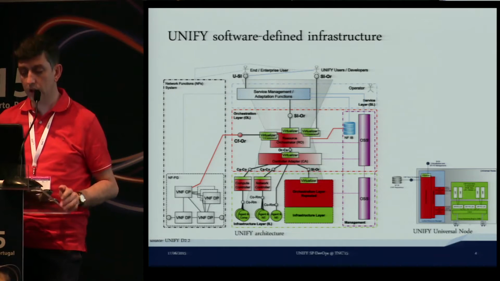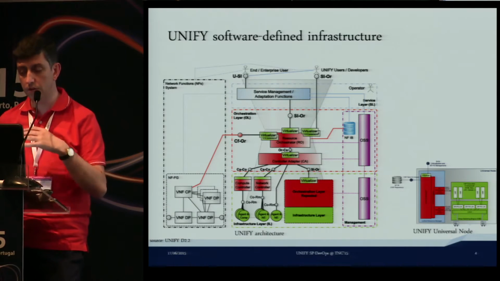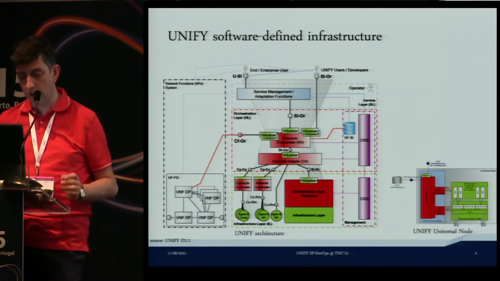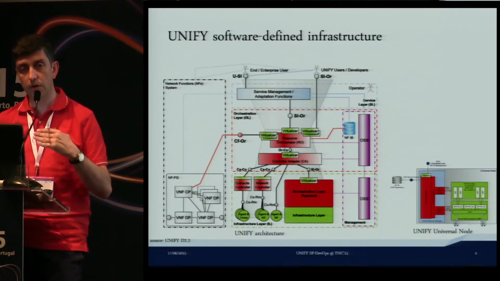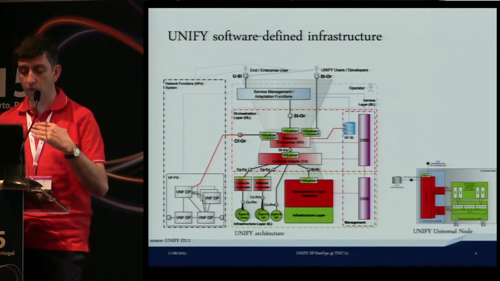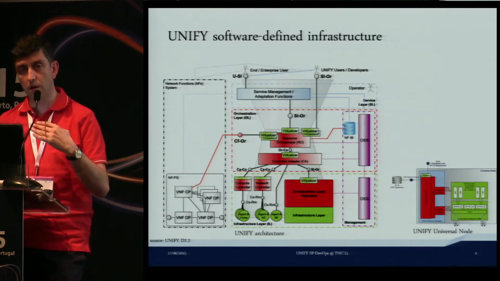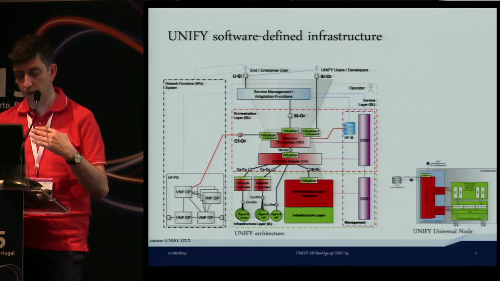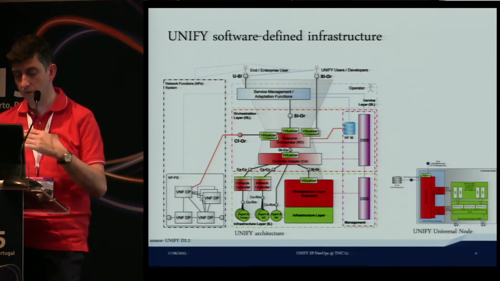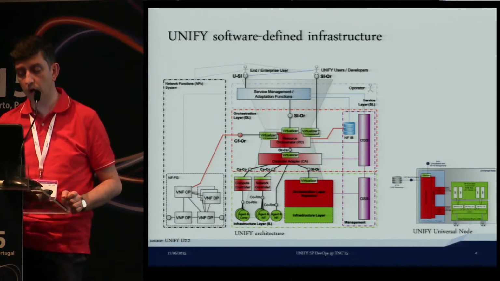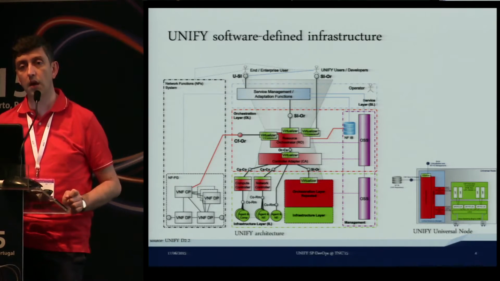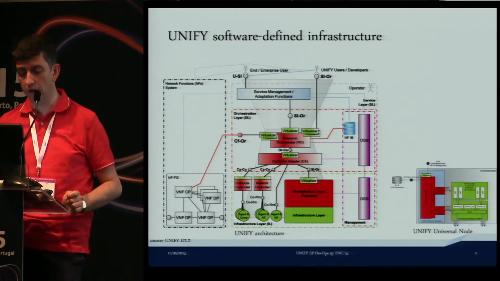This server has a local orchestrator that manages these resources, and then in the Unify project, in work package 3 that deals with the orchestration, we define several layers of recursive orchestration that further abstract the resources from the lower layers in the infrastructure nodes, such as the programmable node that would be positioned here in the infrastructure, all the way up to an end user or an enterprise user that asks for a service from a telecom provider.